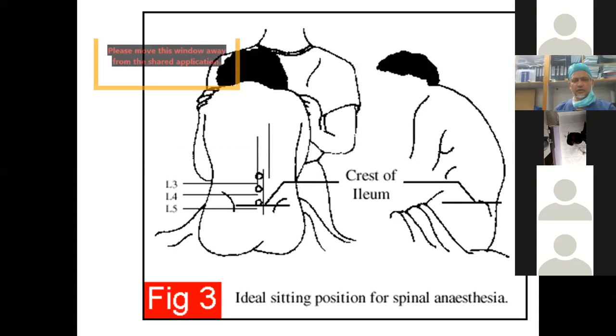These are the landmarks showing the tip of the iliac crest at L3-L4. So we usually go below L1 for this spinal, below L1. We select the space, and this is the ideal sitting position for putting up the spinal or even the epidural. The other option is the lateral decubitus position.